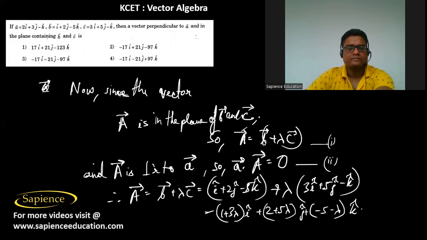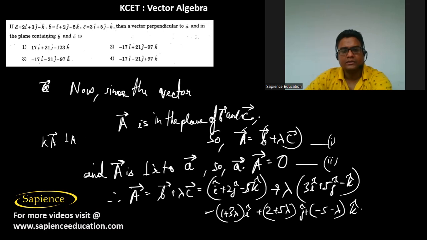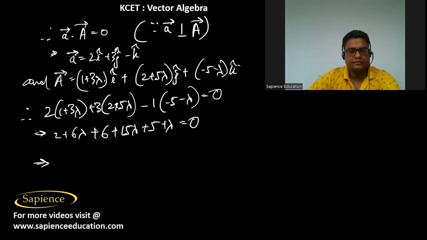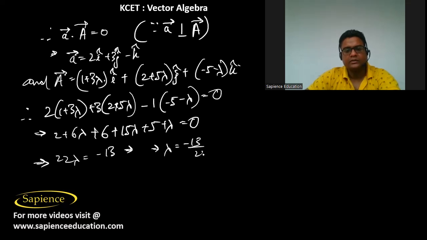So here we can see that if A' vector is perpendicular to vector A, then any number k times vector A' will also be perpendicular to the vector A. So here we can say this will come 22 lambda, that will be equal to minus 13. So this lambda will be equal to minus 13 by 22.